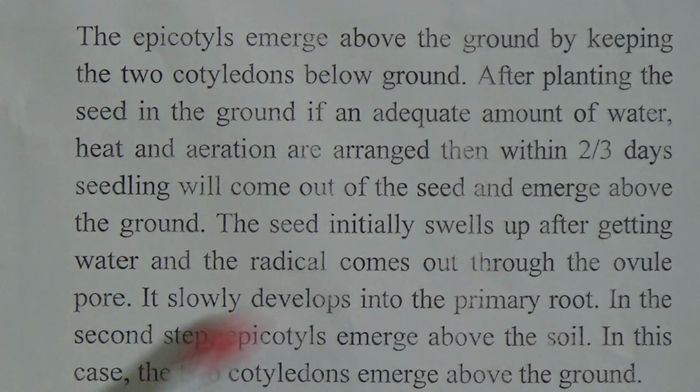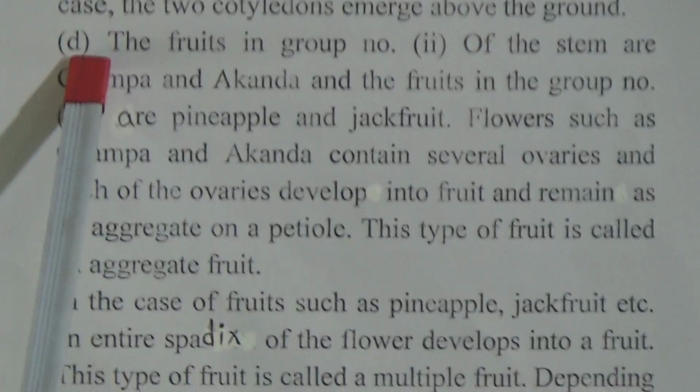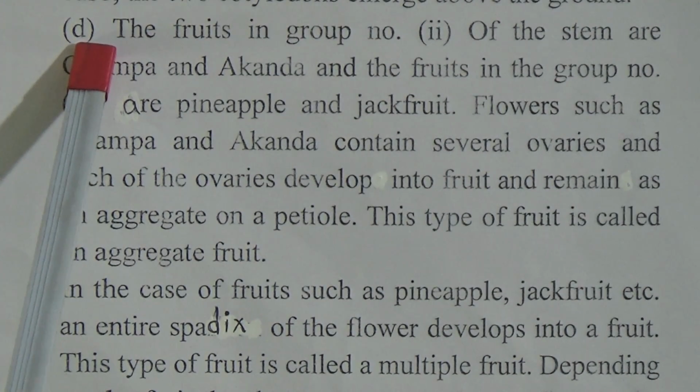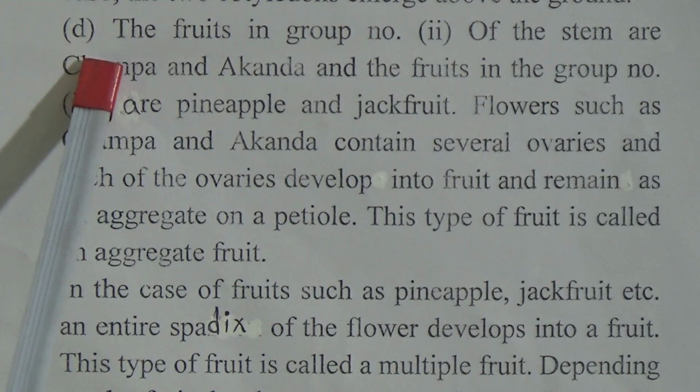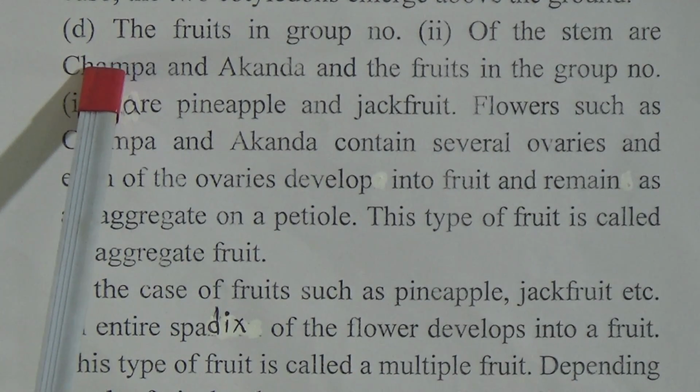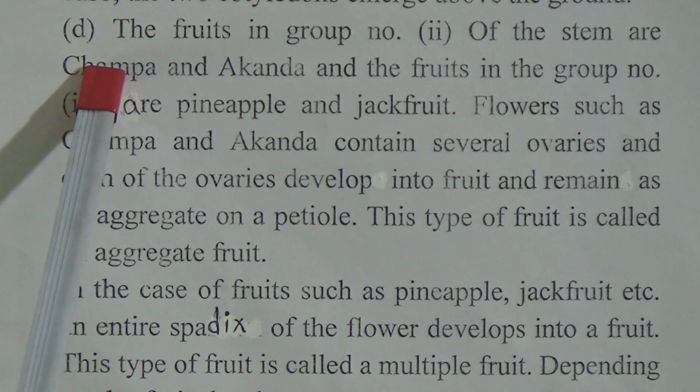Now come to question D, the answer of D. The question was, group 2 and group 3 of the above stem are produced from the various parts of a fertile flower, and in group 2 there are champa and akanda, and in group 3 there are pineapple and jackfruit.